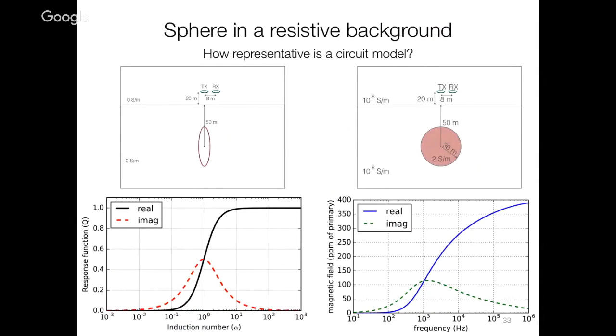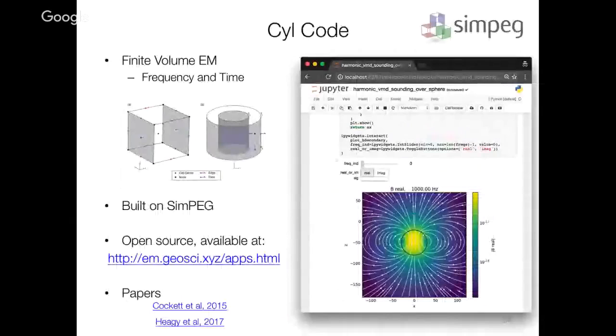If we had a transmitter sitting vertically above a sphere, then everything is circularly symmetric. It is available, and there are two associated papers, one by Crockett et al. and one by Heagy et al. It's a really great code, it's big and very versatile, and it allows a lot of different computations. Importantly, it allows you to see what the fields are.